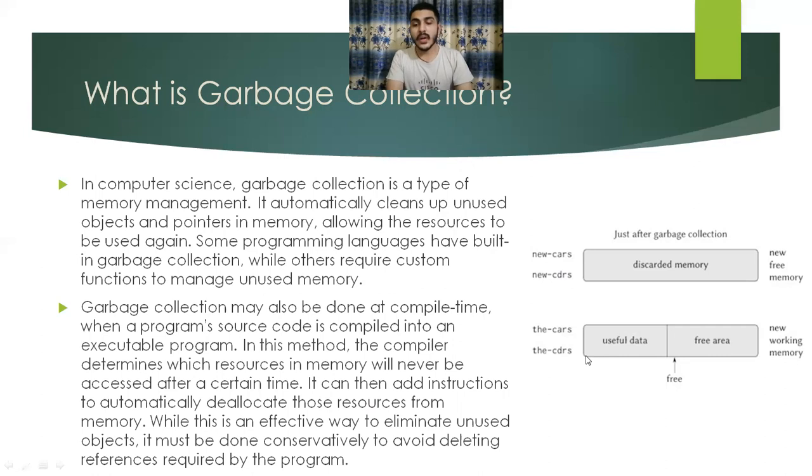What garbage collection does is separate the useful data from the unused data, like unused folders and other things which are not in use by our computer, and these extra things.